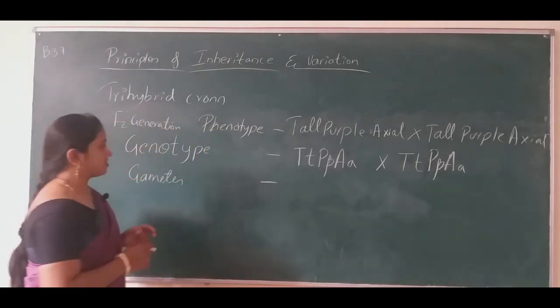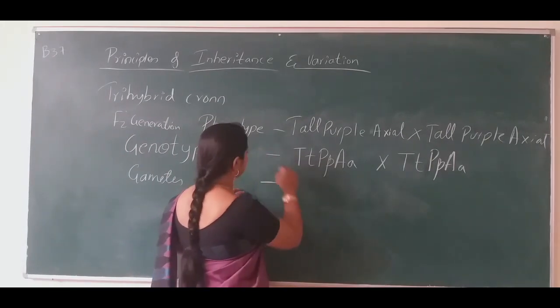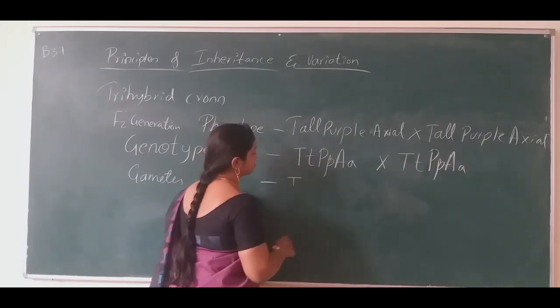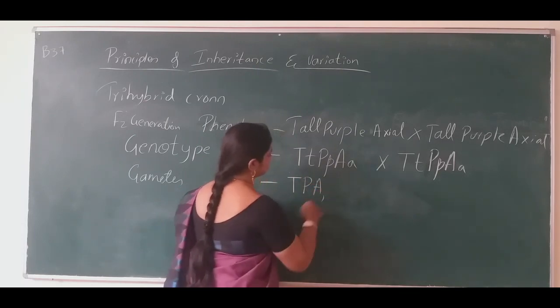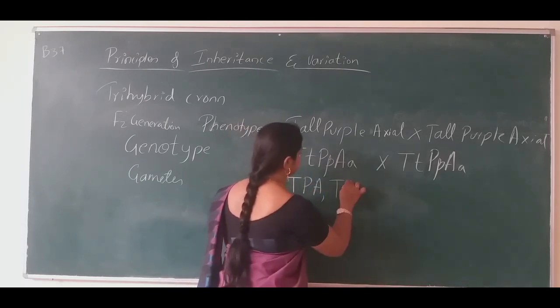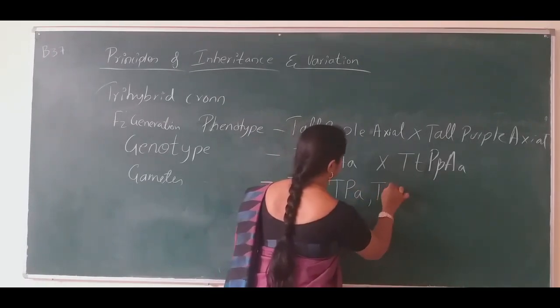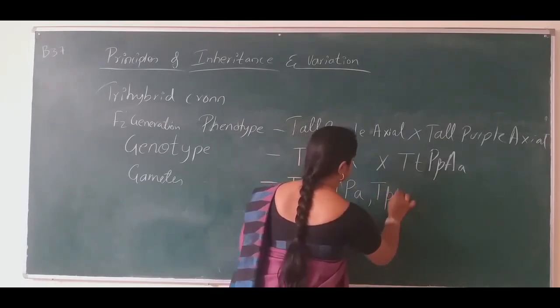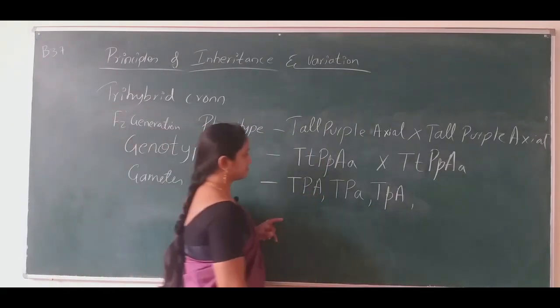I'll write, just look at this. I'm taking the gametes of the dihybrid cross. Here it will be 8 gametes.